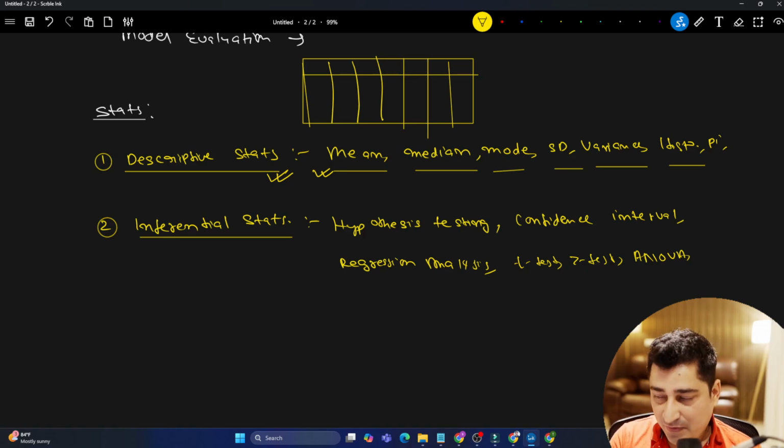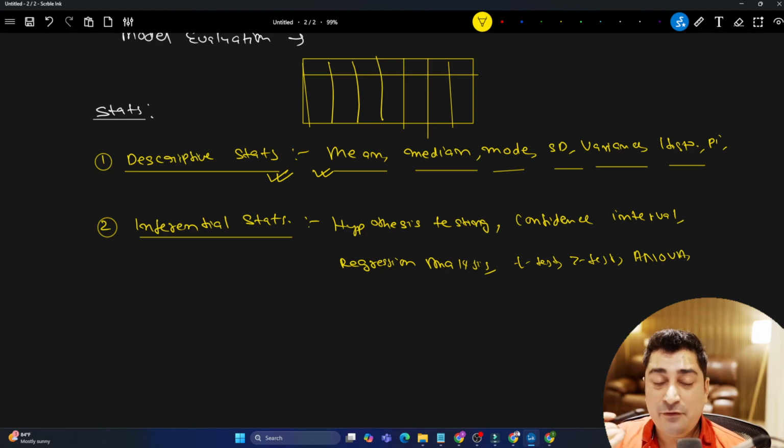There are multiple different kinds of tests that we are going to learn. We are going to even do it on top of the data set. But what is the meaning of inferential statistics? A kind of statistics which will help me in terms of predicting something. And this is where inferential statistics came into the picture.